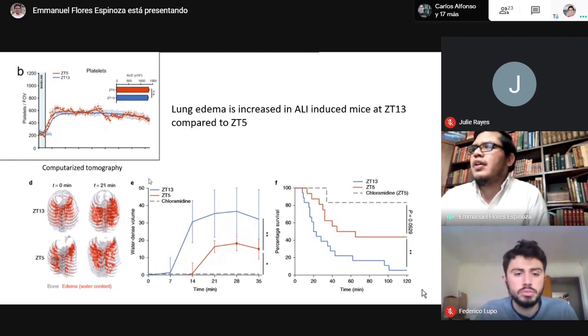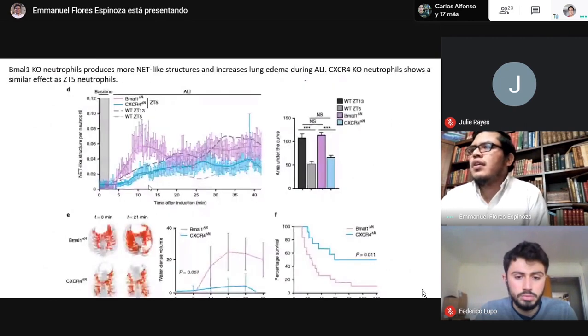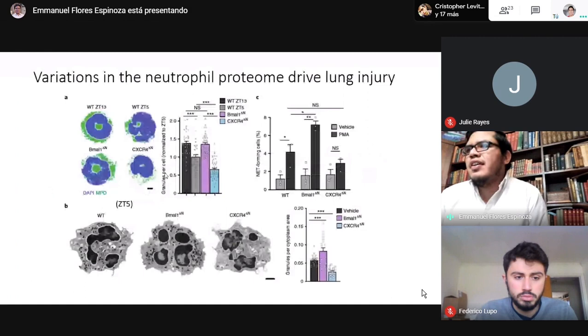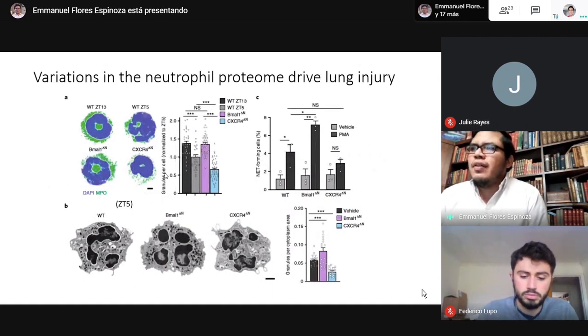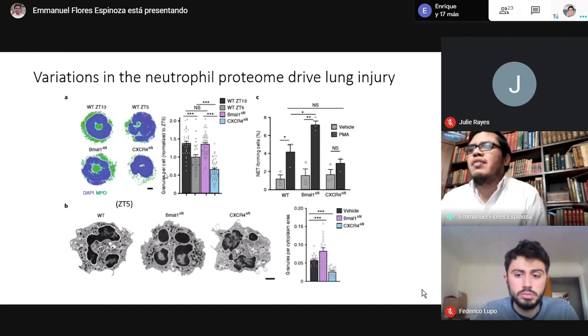So we are here. Sorry. Well, to have more evidence of the direct effect of this neutrophil variation profile through the day in lung injury, they evaluated the granule presence in neutrophils that have no expression of Bmal1 and that didn't have the CXCR2 gene.